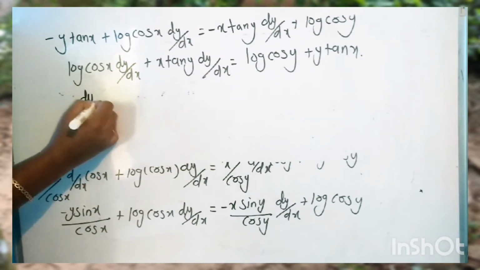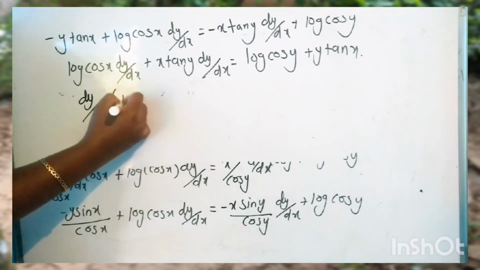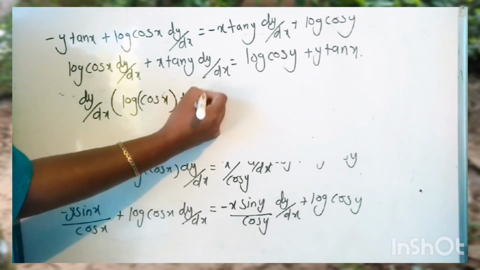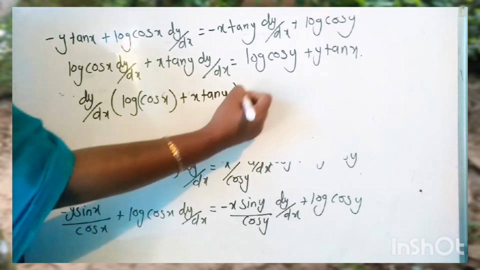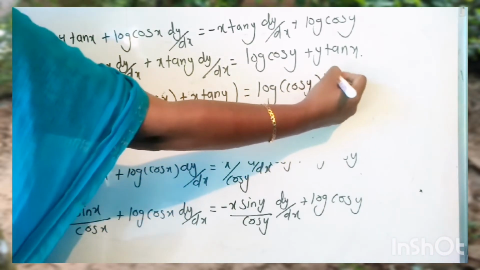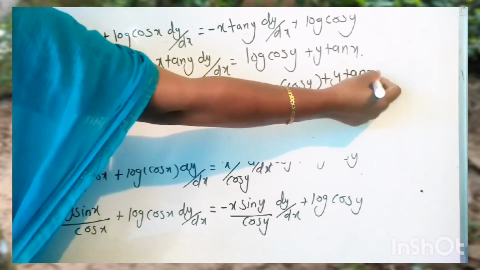Then dy by dx into (log of cos x plus x tan y) is equal to log of cos y plus y tan x.